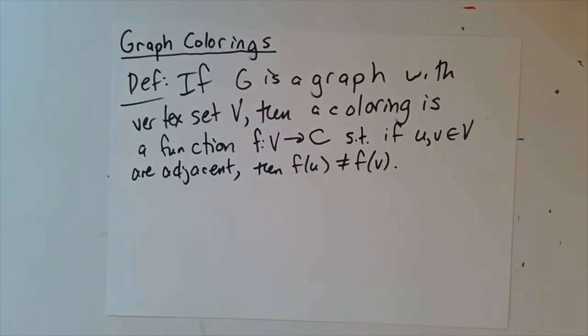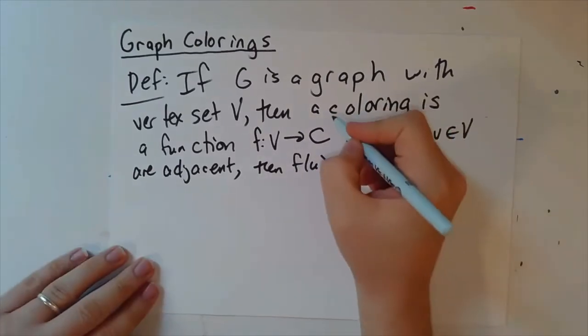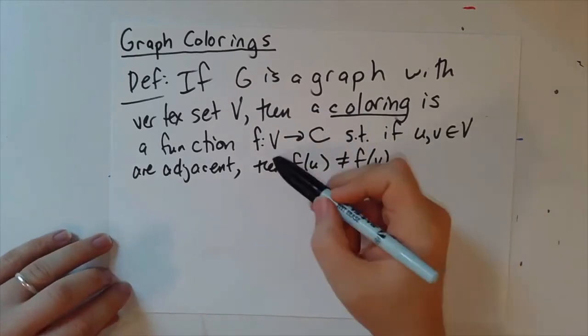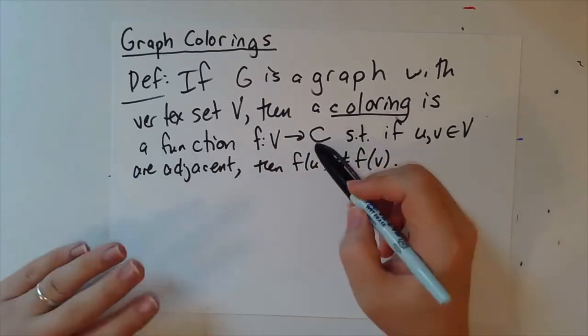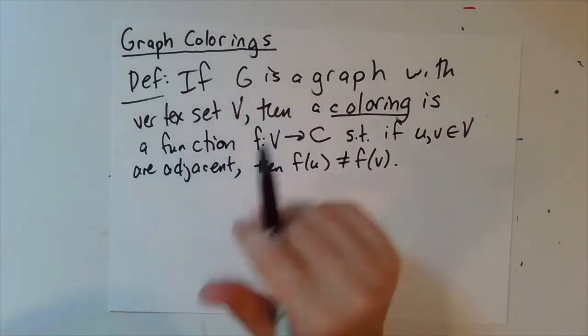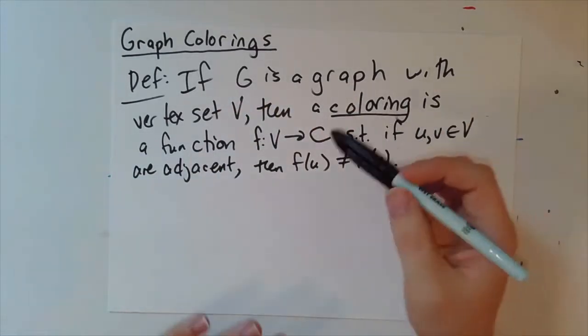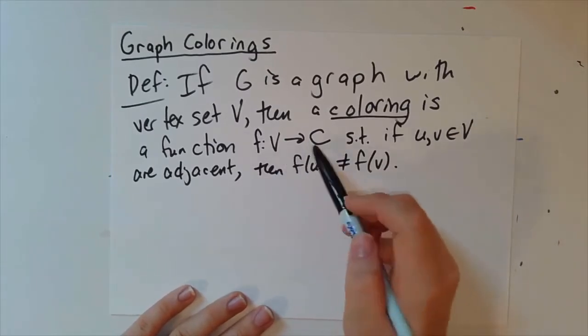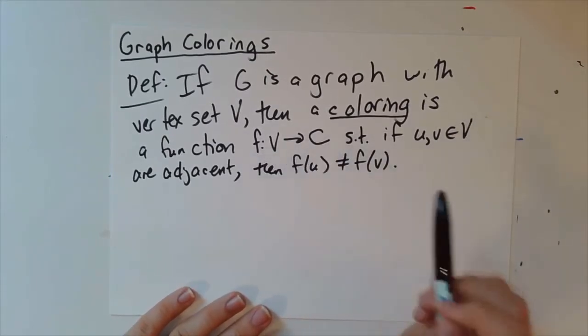Okay. So a coloring, just to summarize, is a way of assigning to each vertex of the graph a color out of some presumptive set of colors. And the only rule is I have to assign any two adjacent vertices a different color.